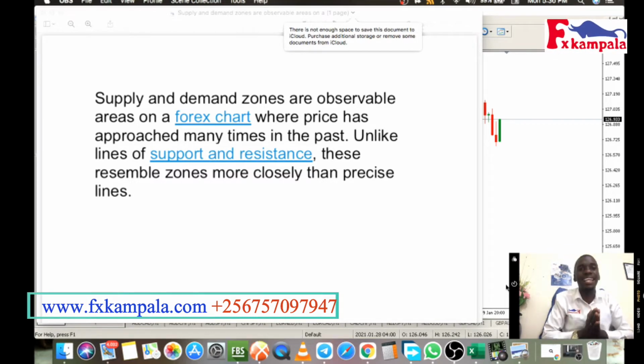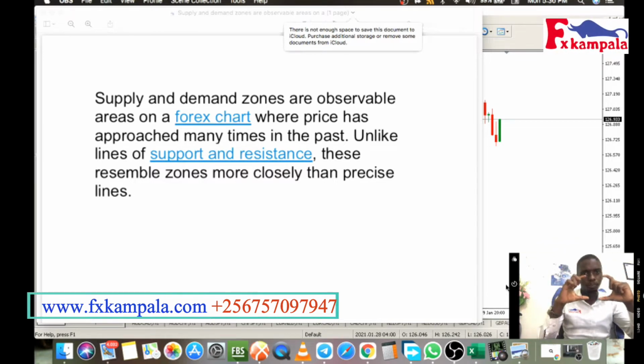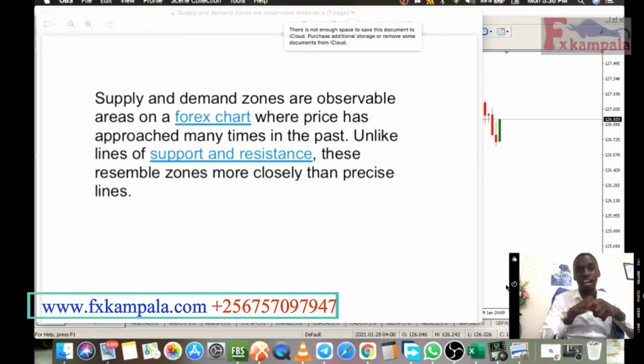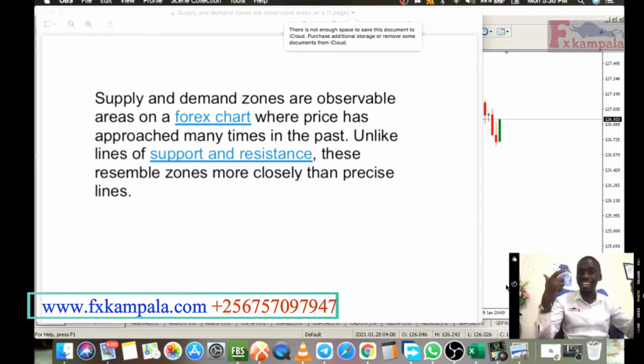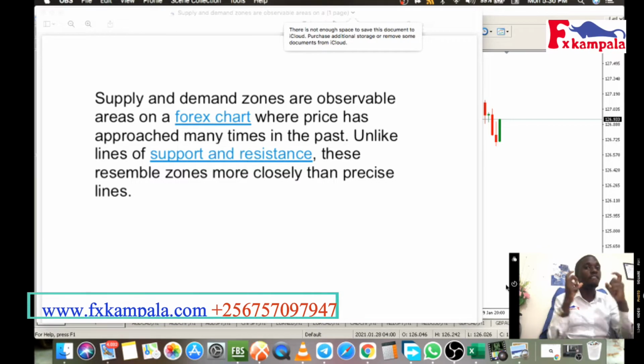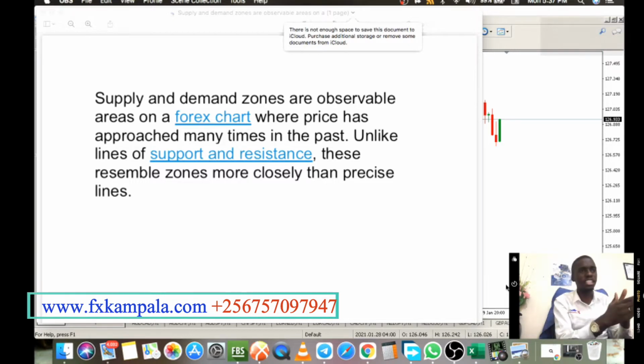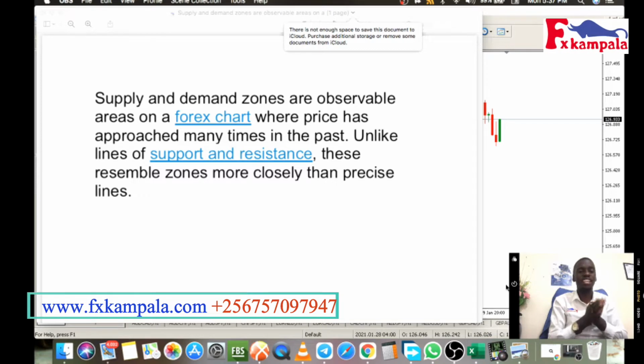They have a bit more width in relation to support and resistance, meaning they cover quite a bigger space as compared to a line, and hence we get various points which would otherwise be missed out. From this, we are going to notice the difference.